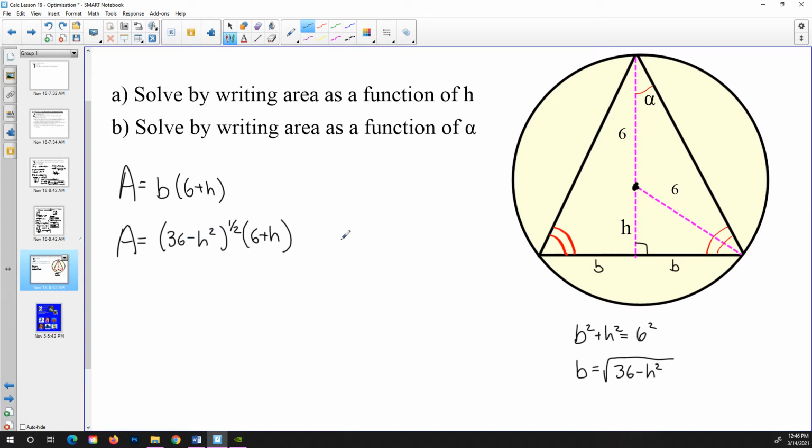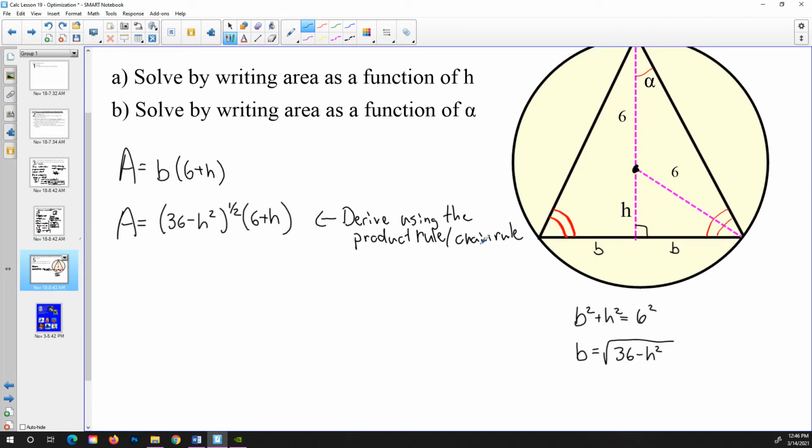And if I go to derive this, I'm going to have to derive this with both the product rule and the chain rule.